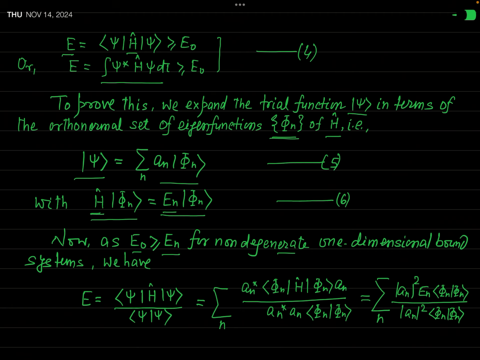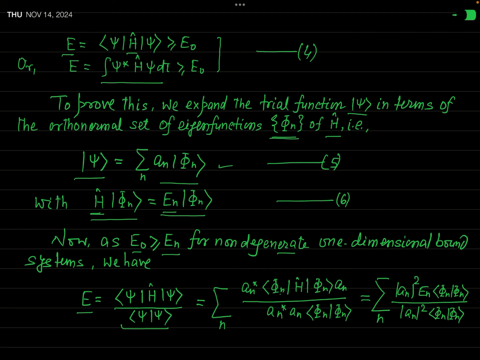So in this condition, if you evaluate the value of this E, which is defined like this, then when we put the value of bra psi, that will be An star bra phi n. And h hat, for this ket psi n, from here you can write ket psi n times An.